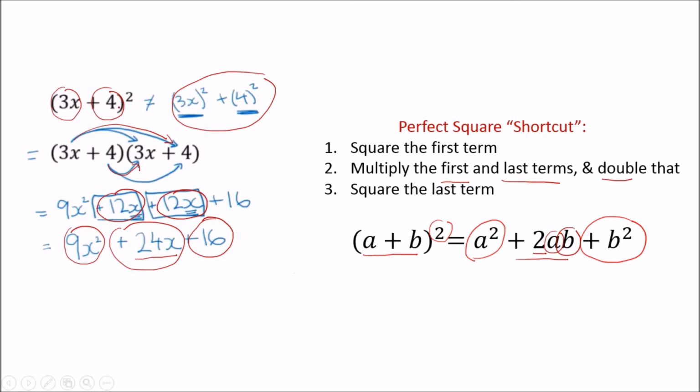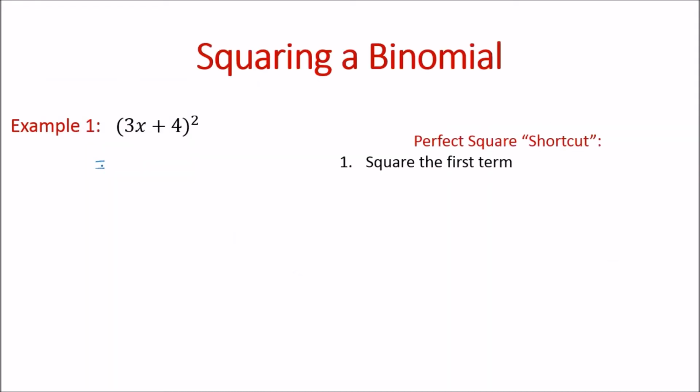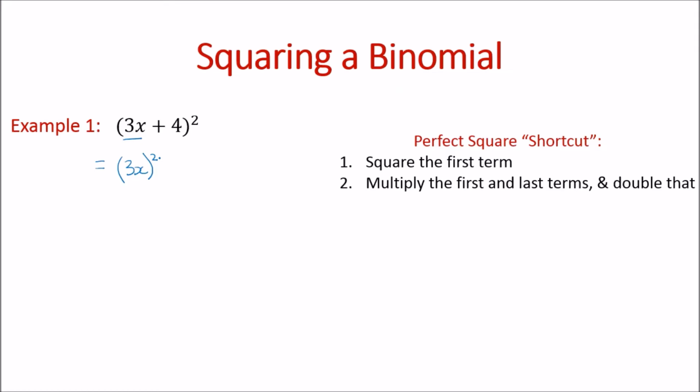So let's use this shortcut and do some more examples. The very first term in our answer is going to be the first term squared, or the square of the first term. So we're going to take 3x and we are going to square that whole term. Alright, and we'll work out what that is in a second. Next we're going to multiply the first and last terms and double that.